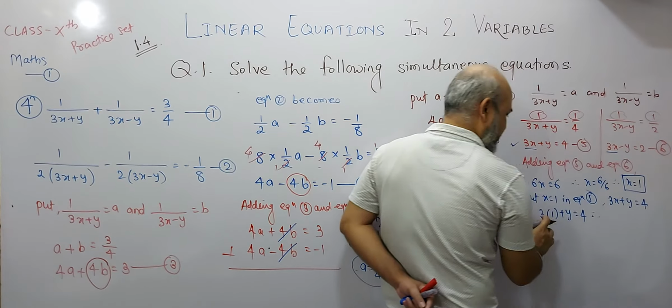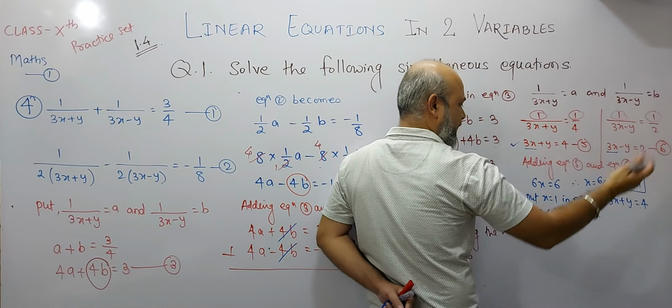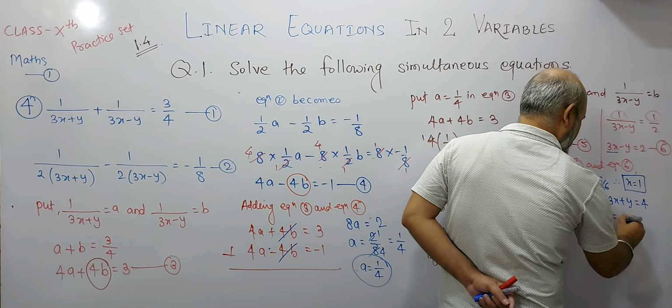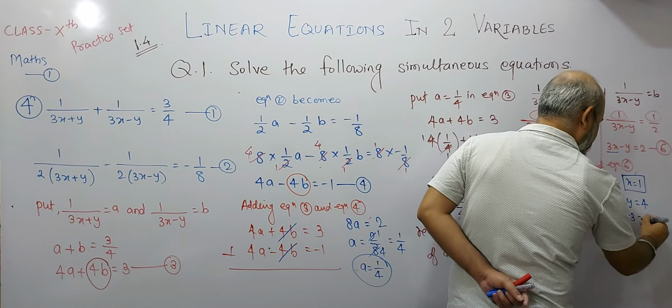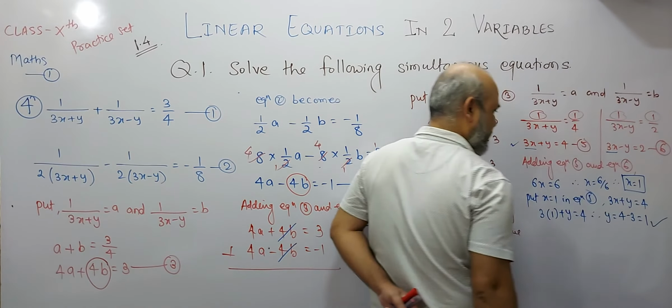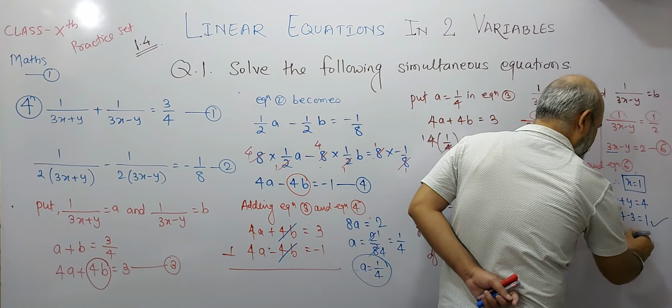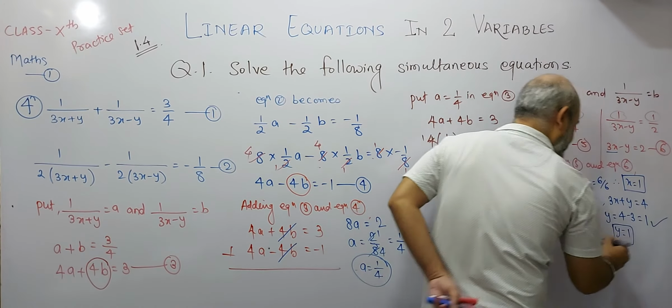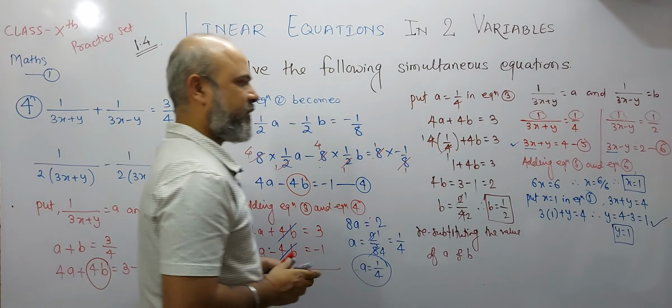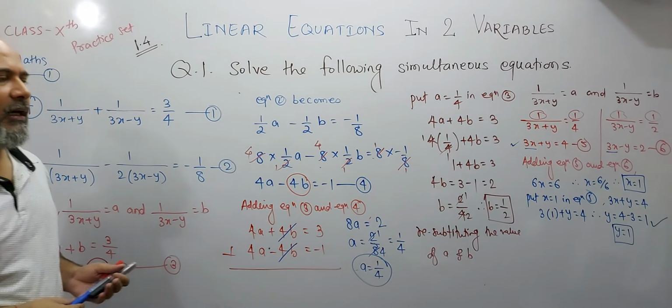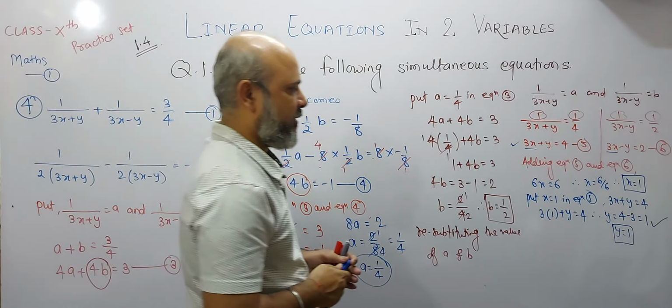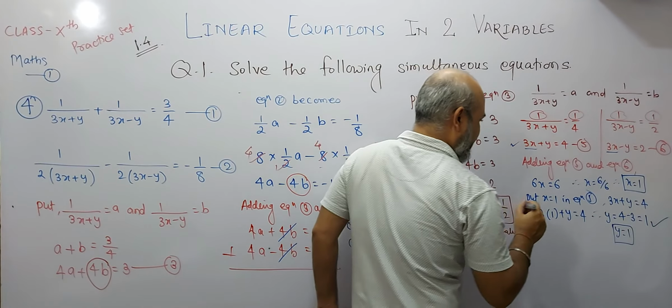Therefore, we transfer the 3 to the right hand side. So y is equal to 4 minus 3, and this is equal to 1. So the value of y is also 1. Okay students, so x is 1 and y is 1.